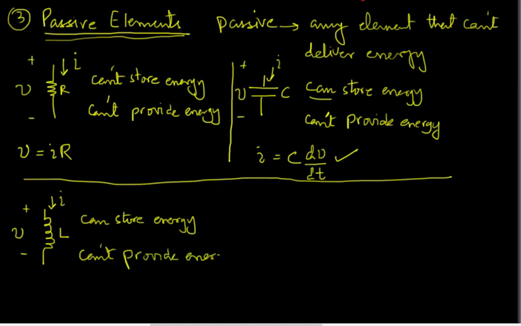It can provide energy for very small periods, but you cannot think of an inductor that's continuously giving you energy free of cost without getting charged. So inductor has to be charged, and then that energy can be discharged.